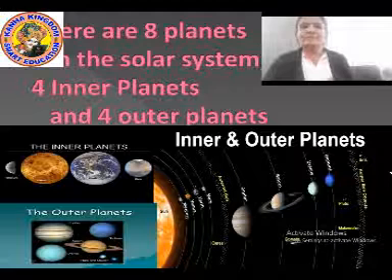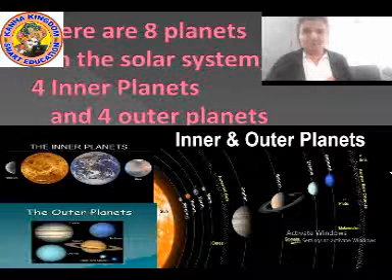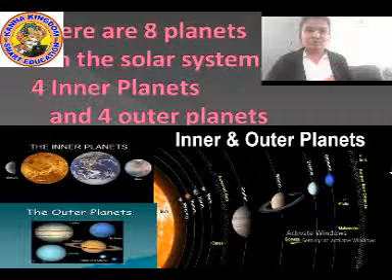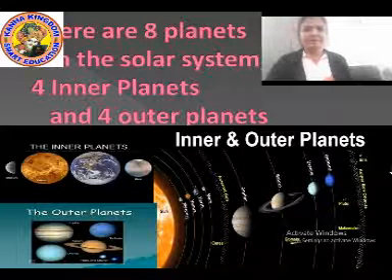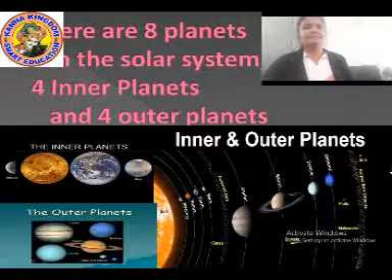Note it down? Okay. 2 more points note down. That there are 8 planets in the solar system, from which 4 are outer planets and 4 are inner planets. Okay, now let's move to the next content.